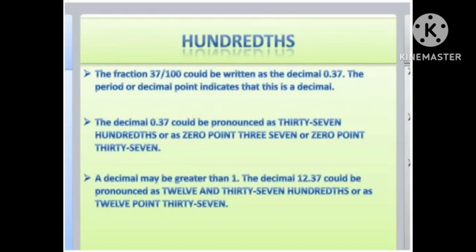Hundredths. The fraction 37/100 could be written as the decimal 0.37. Then the period or decimal point indicates that this is a decimal. For example, the decimal 0.37 is pronounced as 37 hundredths, or as 0.37.